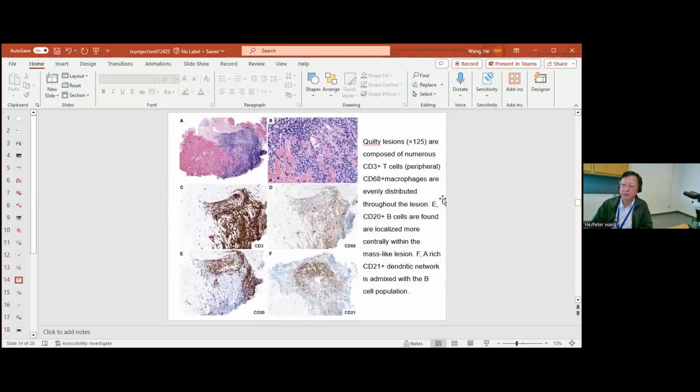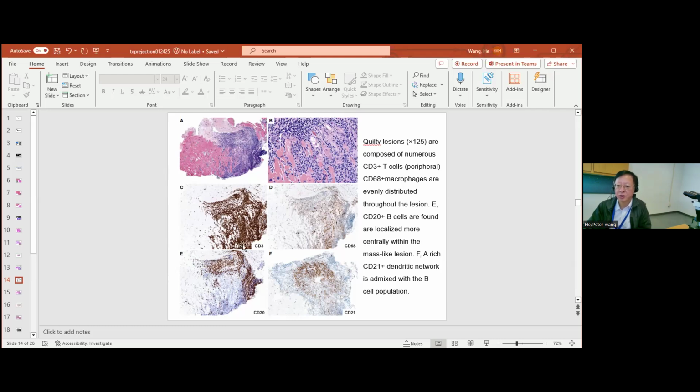So that's why, in doubt, we do immunostains, which include CD3, CD20, CD68, and CD21. This is in case we cannot be 100% sure whether it is Quilty effect versus rejection.